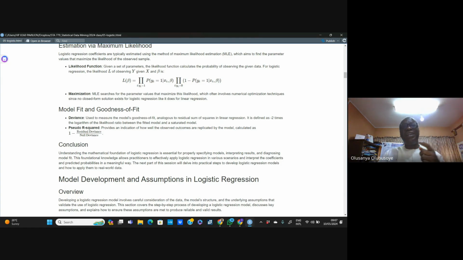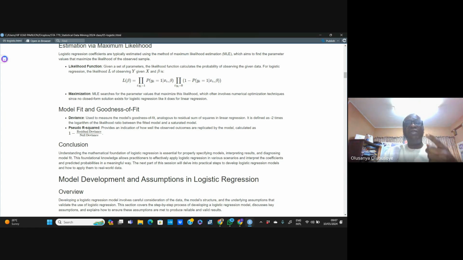And that's what we do in the maximum likelihood. So there is no closed solution, because even if you differentiate that likelihood function of beta, as we used to differentiate and equate to zero, you won't be able to get a single formula.